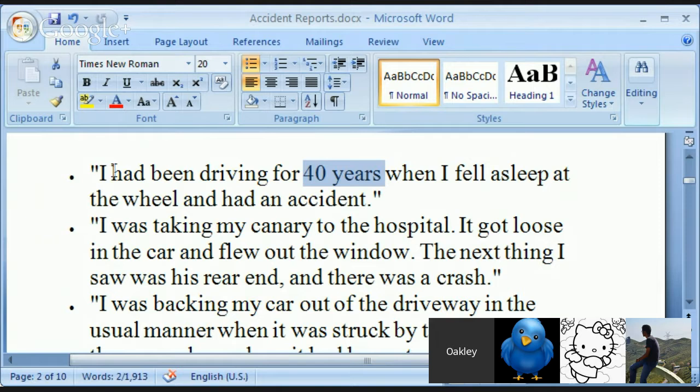We have the perfect construction here with a past perfect continuous verb and "when," the subordinator to join another clause, and the past simple. This construction means that the action that started further in the past had continued non-stop until the interrupting action. So grammatically speaking, this really means he's been driving non-stop for 40 years.